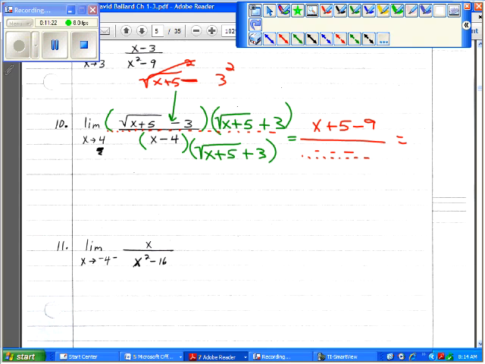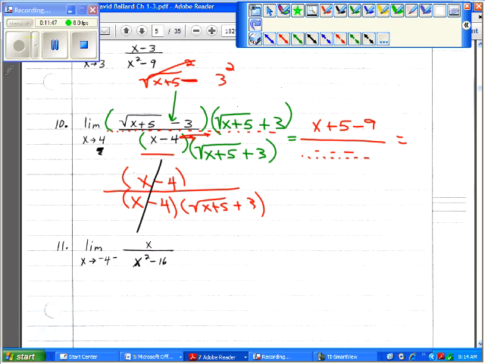So if we continue with the numerator, we're going to have x plus 5 minus 9 is x minus 4. And we see an x minus 4. You don't want to distribute this because we want to see that common factor of x minus 4 have the ability to cancel out.